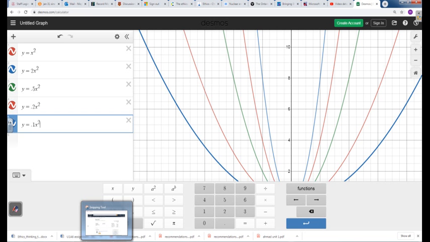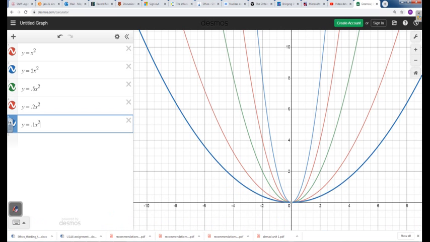But remember that no matter what, your vertex is still the same. So my vertex is not changing. So that number that's in front of the x squared is not affecting my vertex. It's just affecting the wideness of the graph.